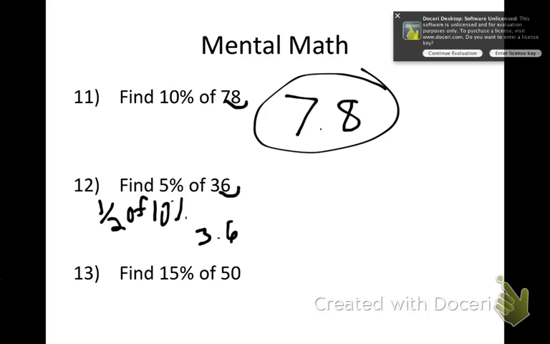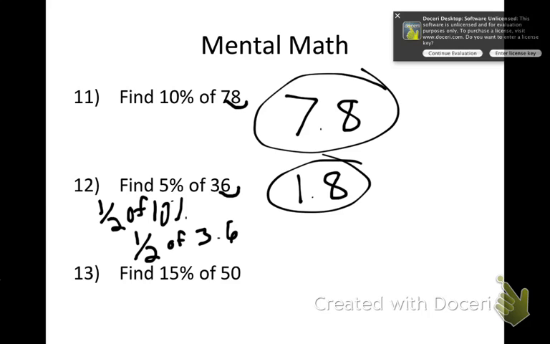So 3.6. And then I take half of that. Half of 3.6 is what, Jarrett? 1.8. And that is then 5% of 36. Again, using 10% to get to a lot of different percents is kind of a shortcut way.